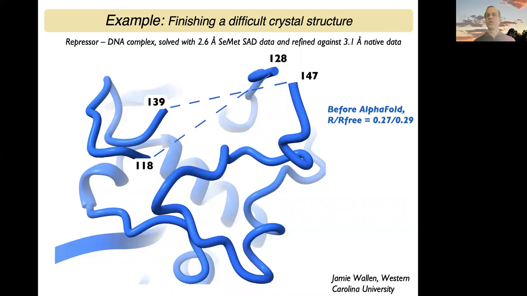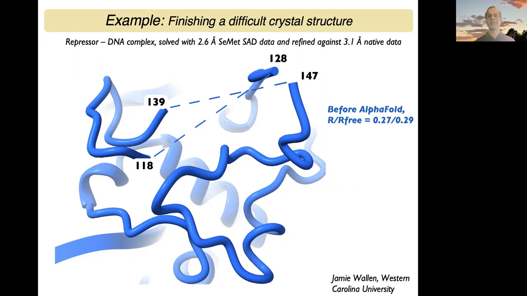So before AlphaFold, the model here is a 2.6 angstrom SAD structure refined against 3.1 angstrom X-ray data. R/R-free 27/29. It's not terrible, but it's not really good for this resolution.